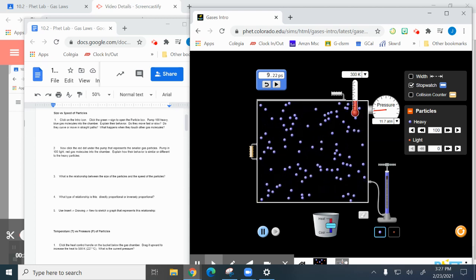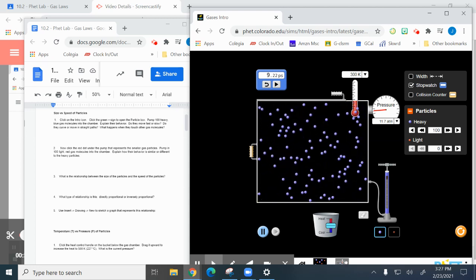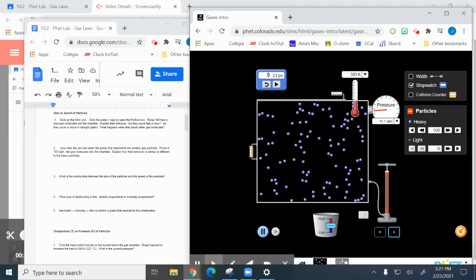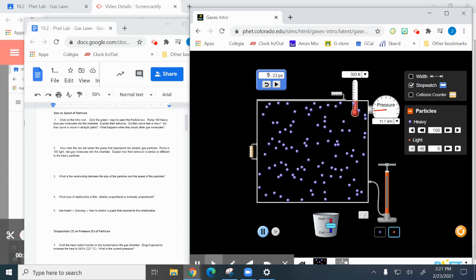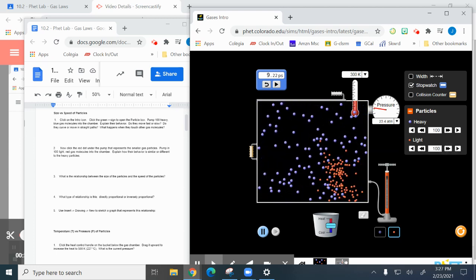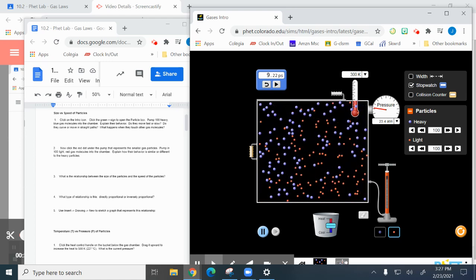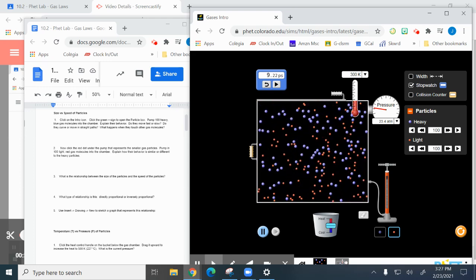It says now click the red dot under the pump that represents a smaller gas bottle. Pump 100 smaller gas molecules into the chamber and explain how their behavior is similar or different. Okay, there's 100. The smaller gas molecules are moving faster, aren't they? That's not so surprising.